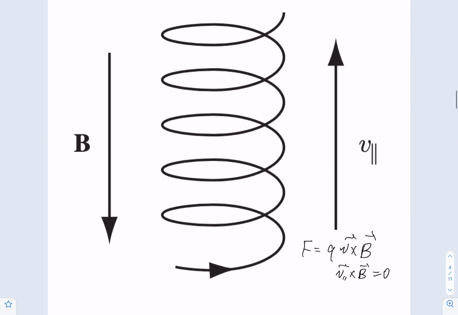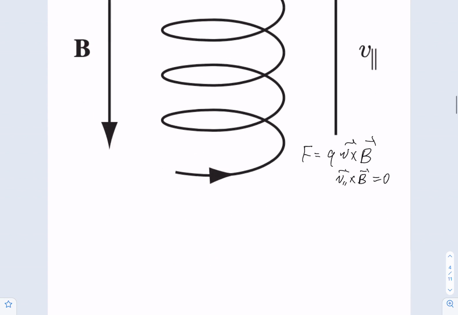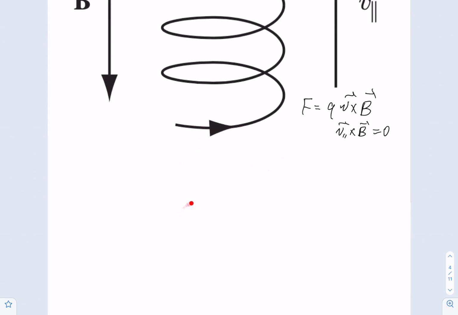So it is moving in this direction, depending on the velocity of this charged particle. So if the charged particle has a parallel velocity that's going up, then eventually it will follow an orbit like this. But if the v parallel is going downwards, then this particle will follow a trajectory like this. So it completely depends on the initial condition of the v parallel.